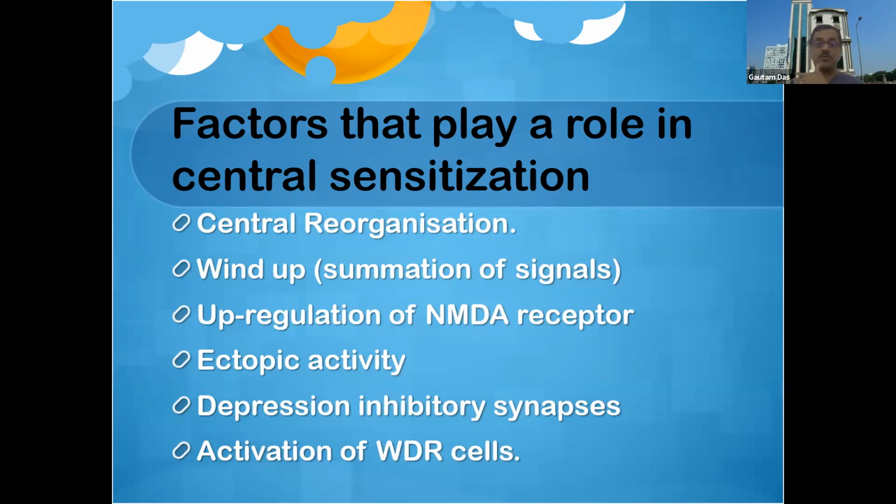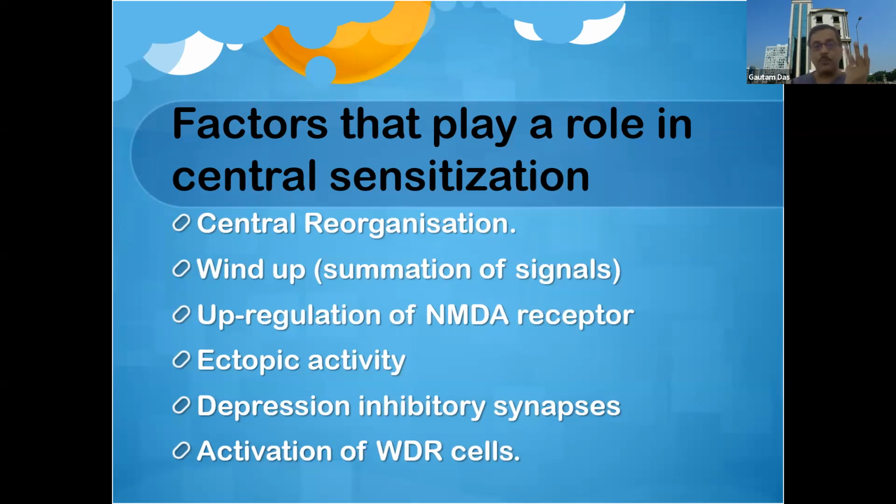That means touch fibers go to the deeper lamina, pain fibers go to the superficial lamina, and there is no connection in between. But in sensitization, the deeper lamina fibers sprout and make connections to the superficial lamina. So the touch fibers which were coming are now converted into pain, because they make connections with the superficial lamina.